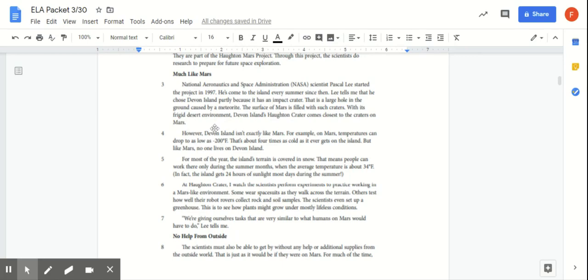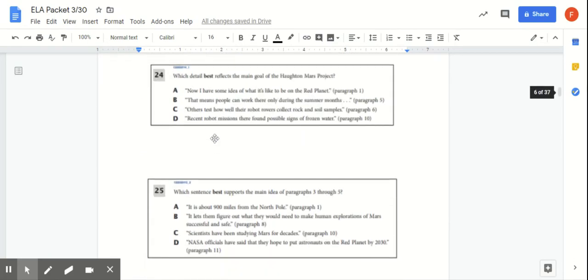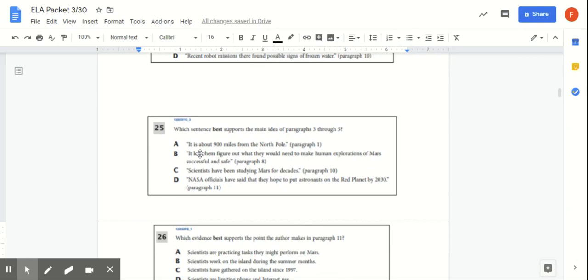So if we reread those 3 paragraphs, we can see that out of all the options, B would be our best option here. It lets them figure out what they would need to make human explorations of Mars successful and safe. In those paragraphs, it shows evidence to support this main idea.